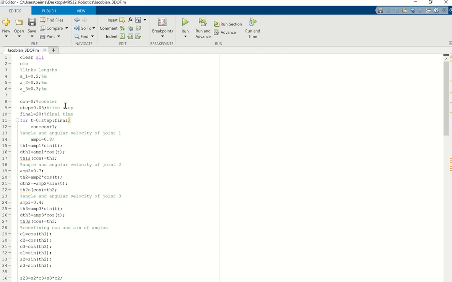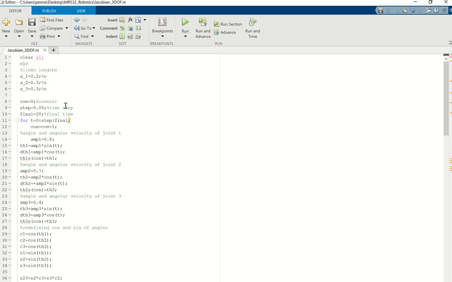So the second link and third link have the same length, and they are different from the first link. Con means counter. I'm going to explain it to you later. Time step: I want to simulate your system, and the final time is going to be 20. As you know from the Matlab course, you can make a for loop because I want to make a simulation of this robot.